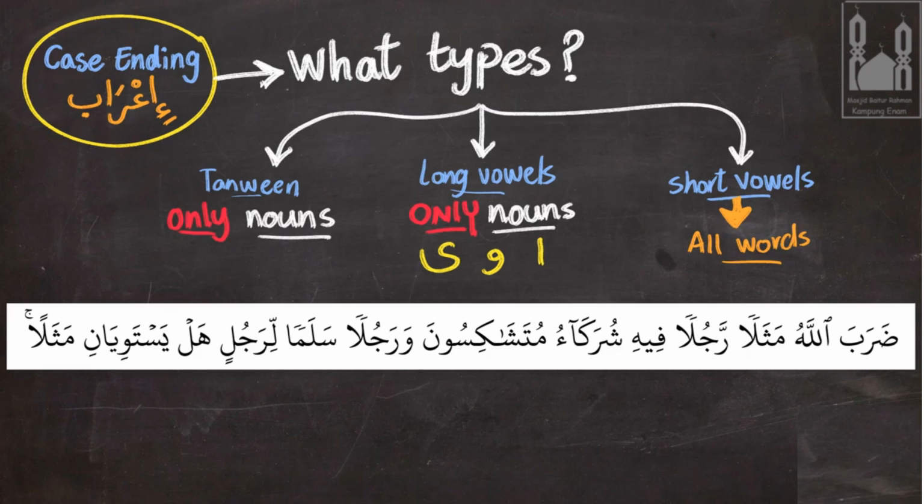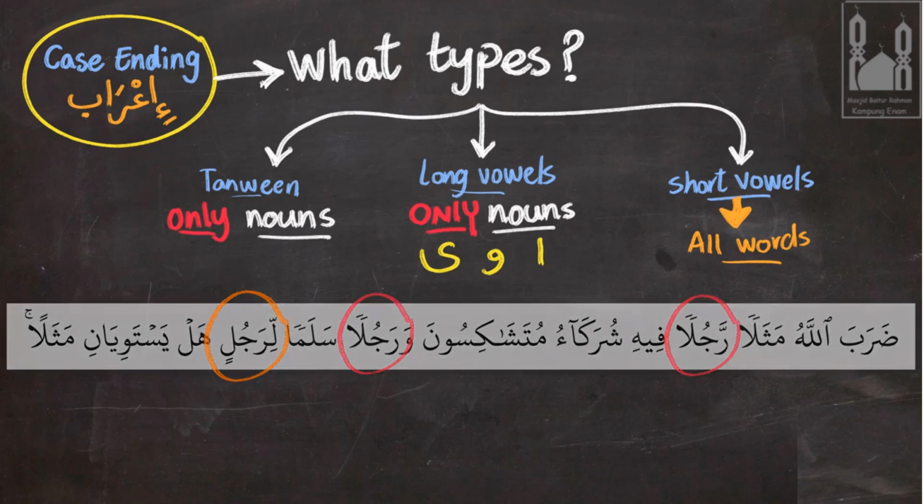Here we see the word rajul used in two different variations. In the first two instances, it was used as rajulan, but in the third instance, it was used with tanween kasr, li rajulin, because of the different function in this case.